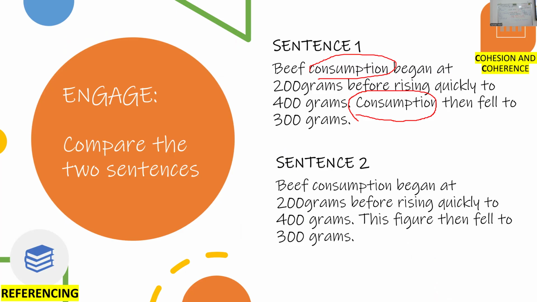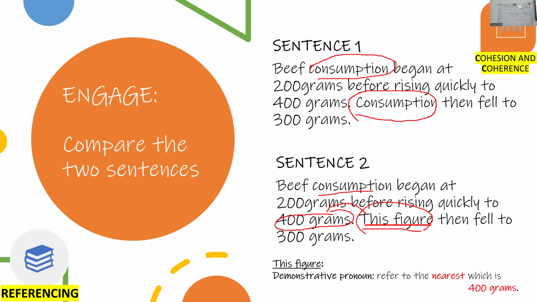So instead of repeating the words, we use referencing in sentence number 2. Instead of repeating the word consumption, we replace that with this figure, which means the 400 grams. So this figure then fell to 300 grams.